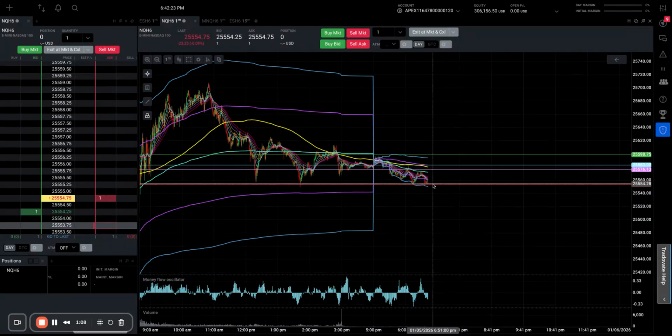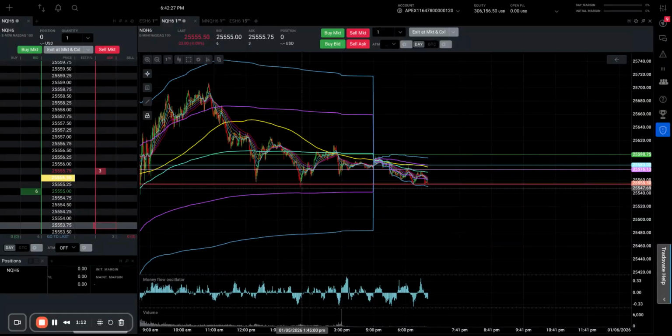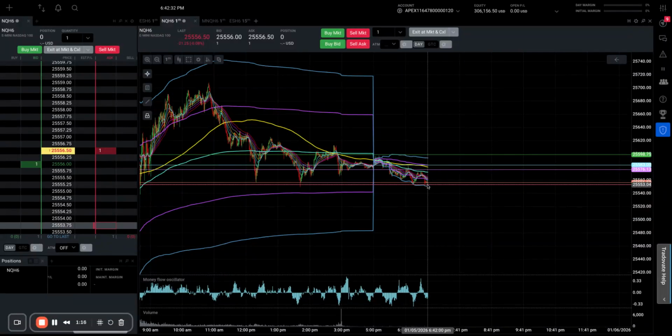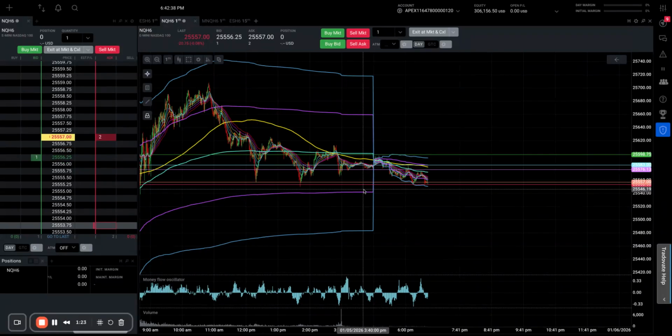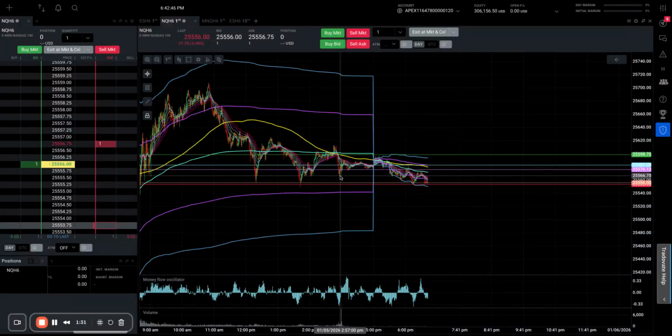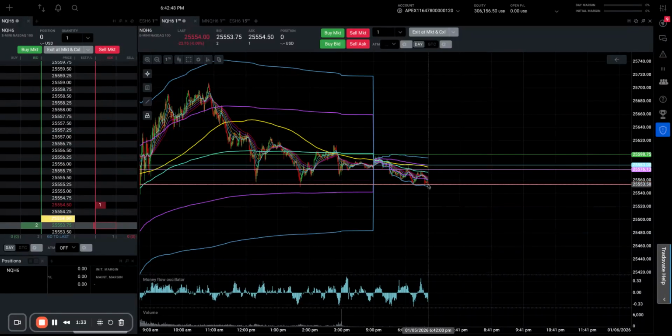Now, since these bounce zones have already been tested in the past, look, 1, 2 already, this will be the third time. It may not respect this 61% of the way down right now because it's already been tested twice.